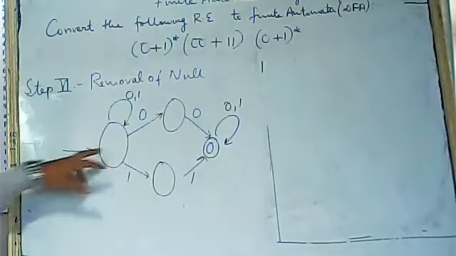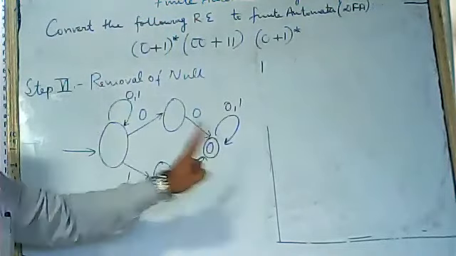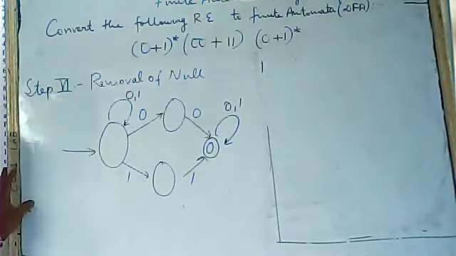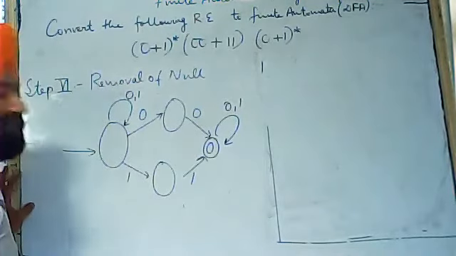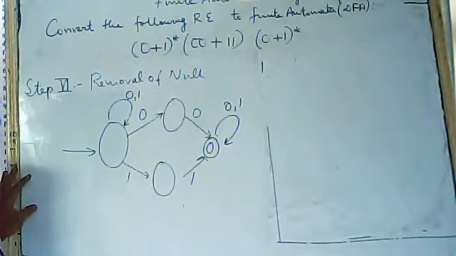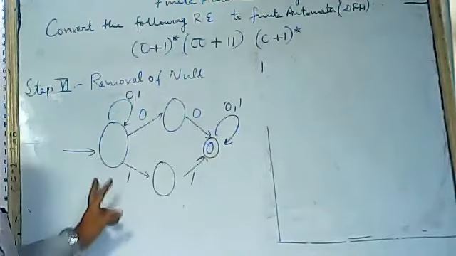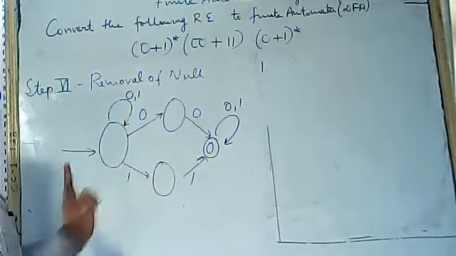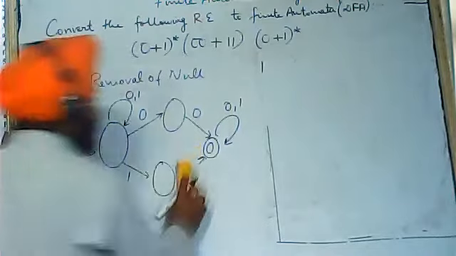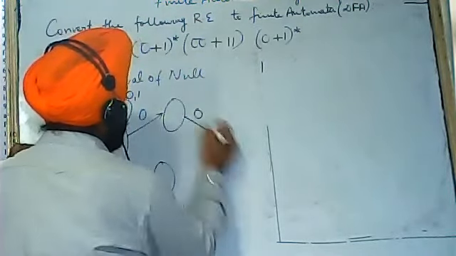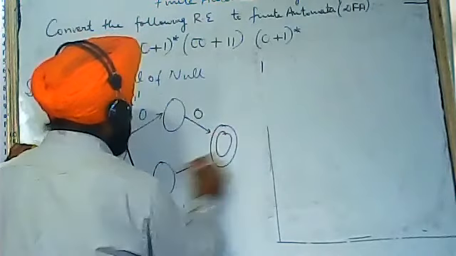So here you can see that we have eliminated two states, right? Whenever you are asked to draw the finite automata, you will have to go for the minimum number of states. So here two states are extra with null moves. We have removed those null moves.